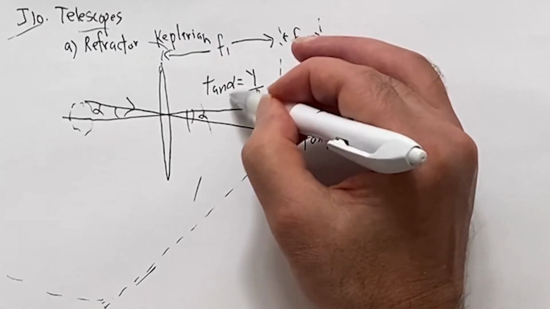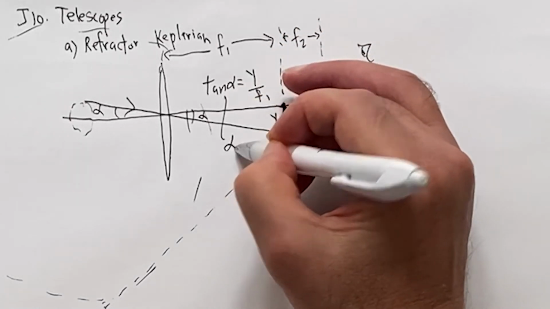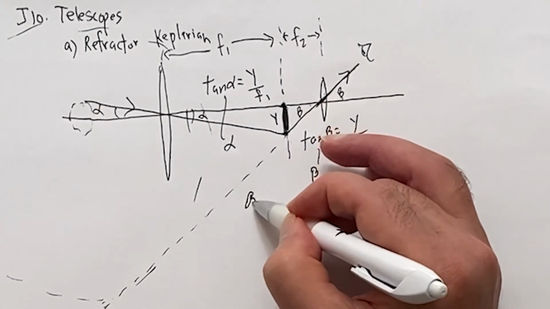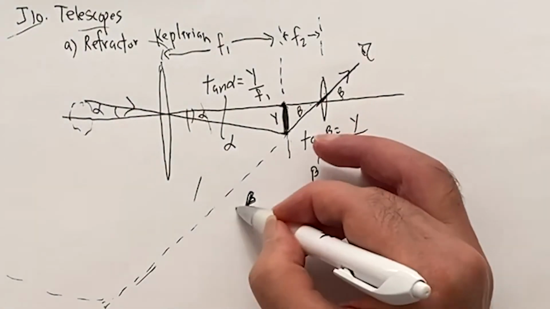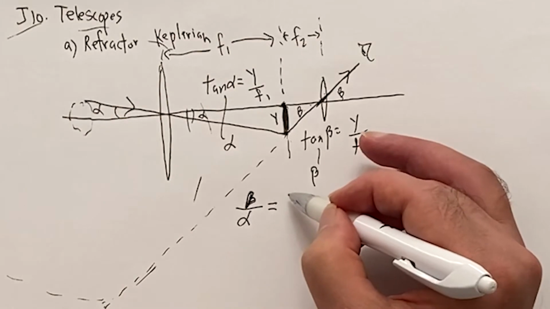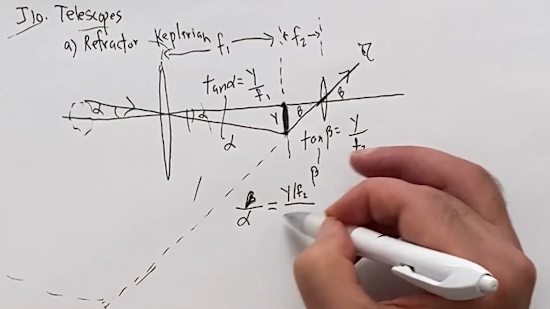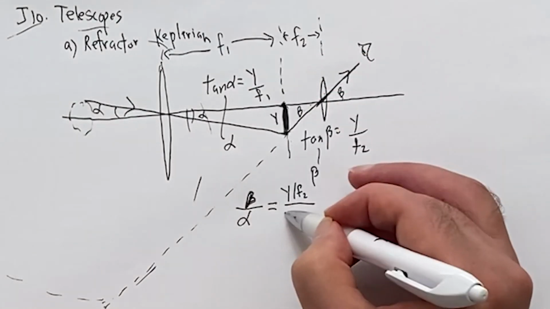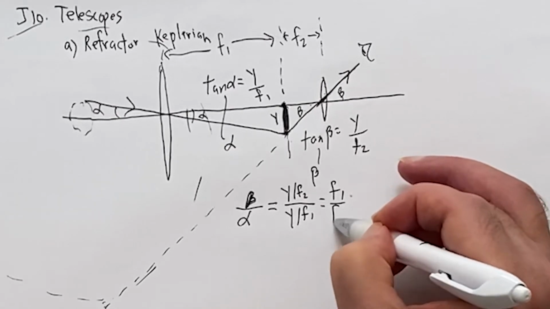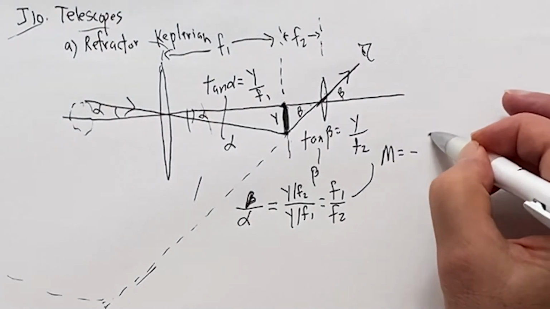So if we play the same game as we did with the magnifying glass, this is your alpha by the approximation, this is your beta. If you take the beta, the bigger one, and divide by the alpha, the beta is y over F2, and the alpha is y over F1. The F1 comes upstairs, and we put a minus sign in front since it's upside down.